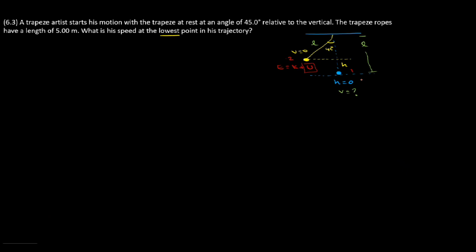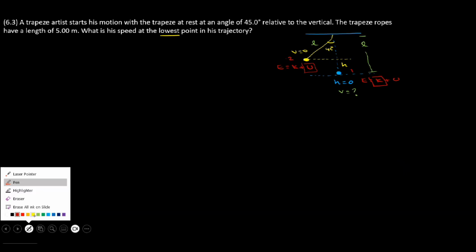And at point 1, when I write my total energy as kinetic plus potential, since we take the height to be 0, as this is the reference point, my potential energy at this point will be 0, and the entire energy will just be kinetic. So at point 1, total energy is just the kinetic energy, and at point 2, the total energy is just the potential energy of the system.